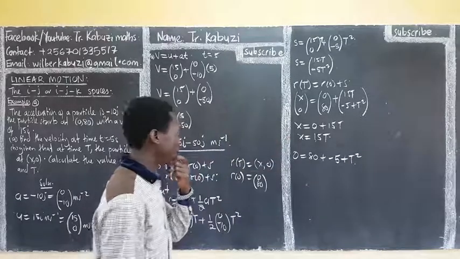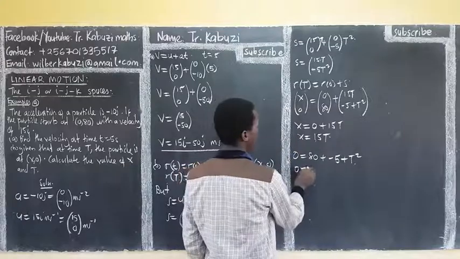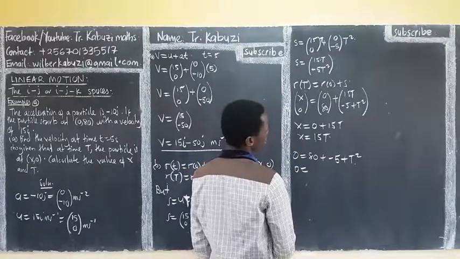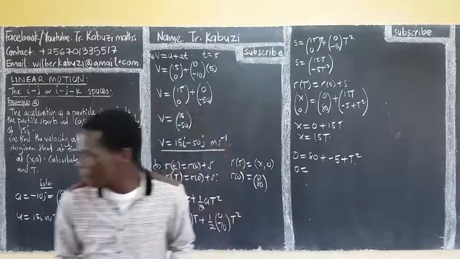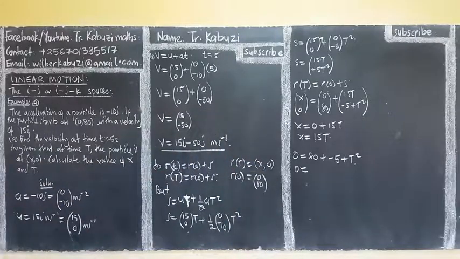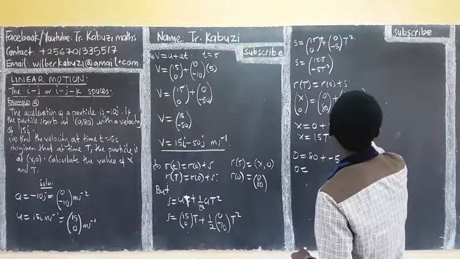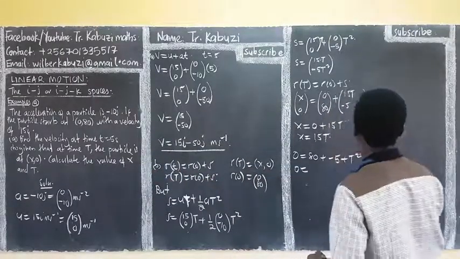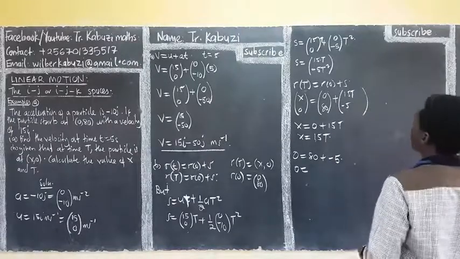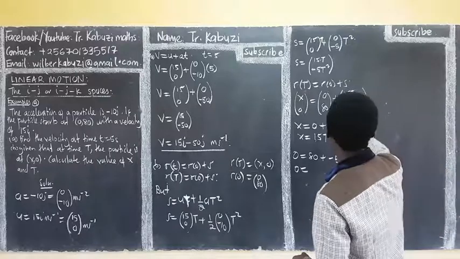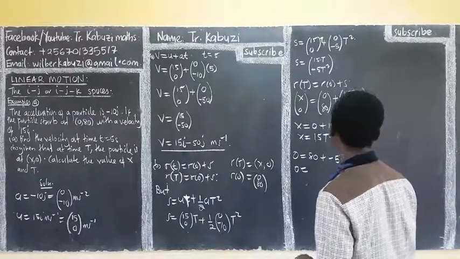So what happens after? This is 5T, I don't know what's happening to me. This is just T squared. Note that this is T squared, please. Okay, sorry for that. This is T squared.